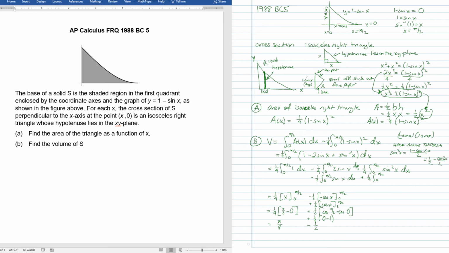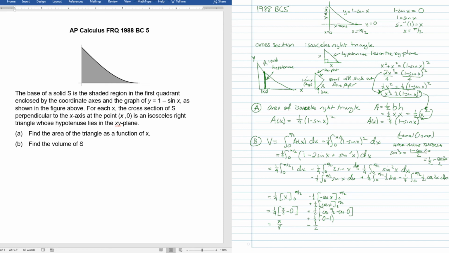So I'll have 1/4 of the integral from 0 to pi over 2 of 1/2 dx. And then I will subtract 1/4 the integral from 0 to pi over 2 of, and since that's already negative taken out, I'll just put the half here again and cosine of 2x dx.